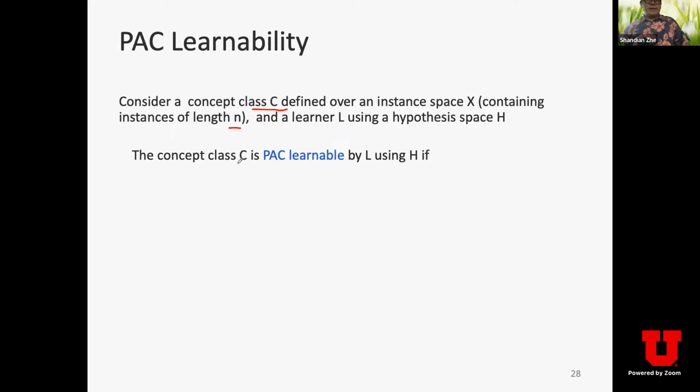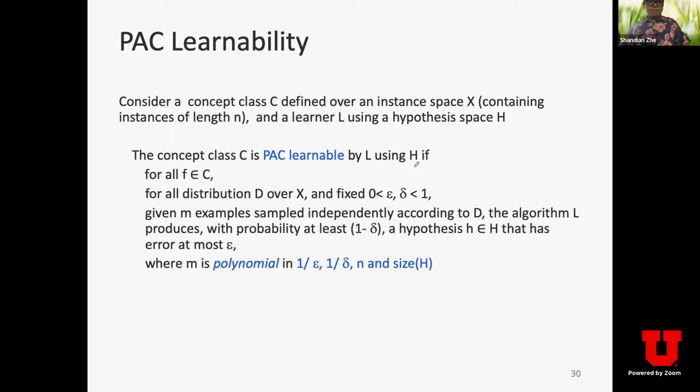Then we say that the concept class C is PAC learnable by L using hypothesis space H if, for every possible target function in your family C, for every possible distribution D over the instance space, and for every possible choice of your error level and confidence level, your learner only needs a polynomial number of examples to achieve the corresponding performance statement.